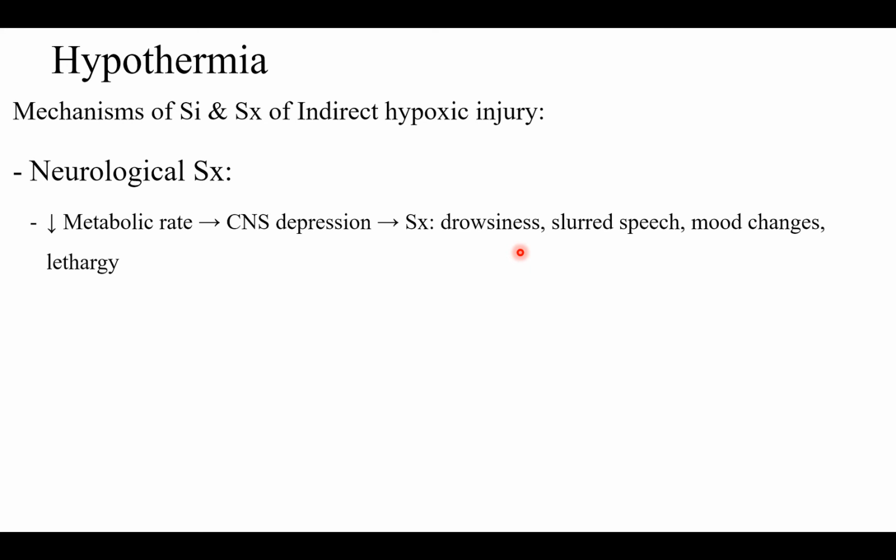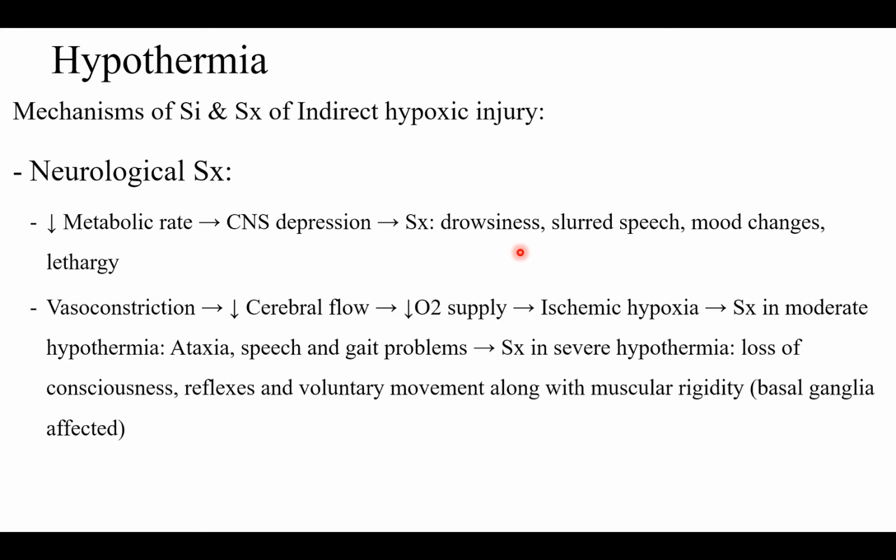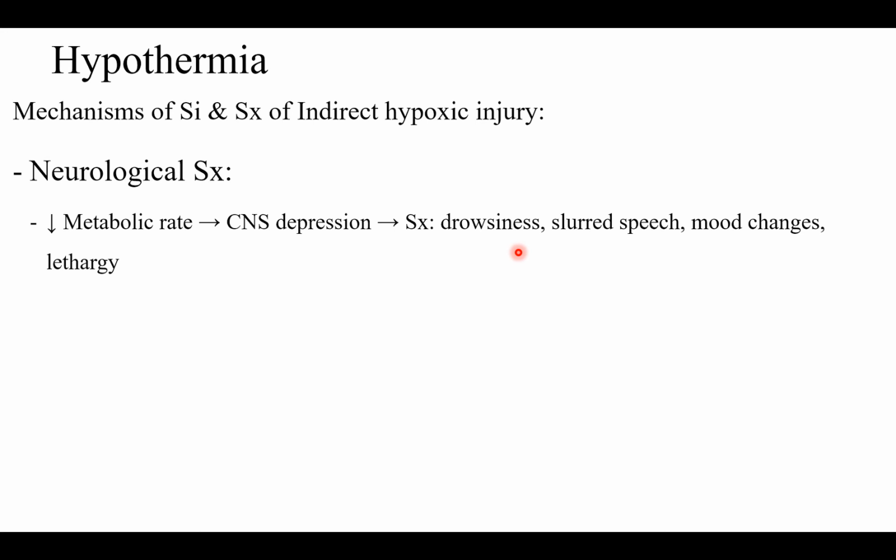In real life, you can actually figure out that a patient is getting hypothermic because his mood changes, his personality is kind of changing, he's getting lethargic, or he's getting drowsy. So these are some of the earlier symptoms which can tell you, hey, you may be getting hypothermic.